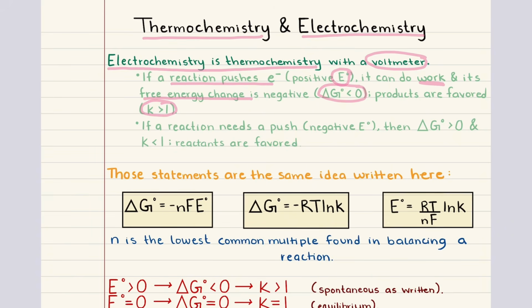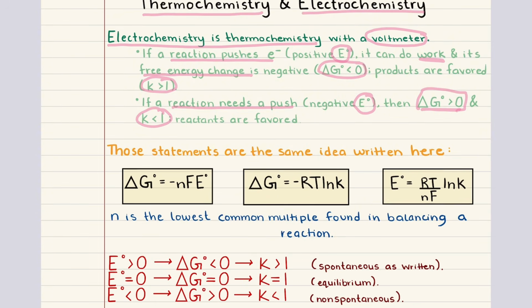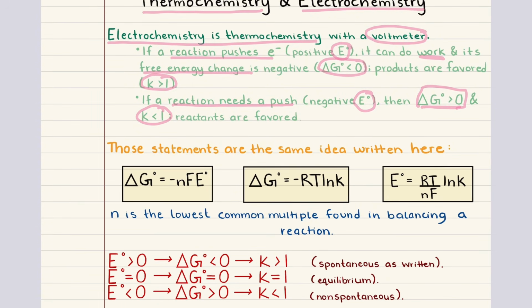On the other hand, if a reaction needs a push, meaning the cell potential is negative, then the free energy change is positive and the reactants are favored, so the equilibrium constant is less than 1. These are all different ways of describing the same thermodynamic truth. Systems move spontaneously in the direction that lowers their free energy.